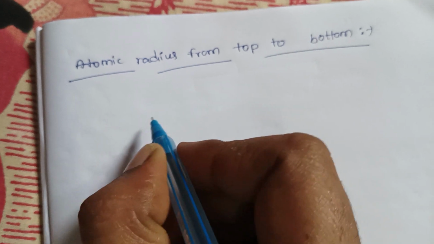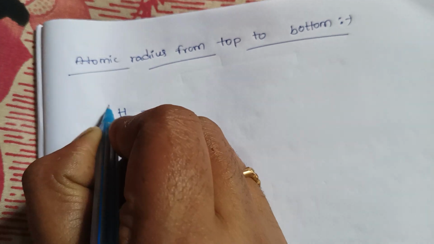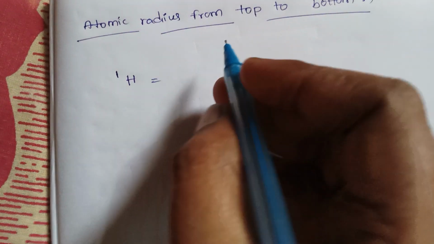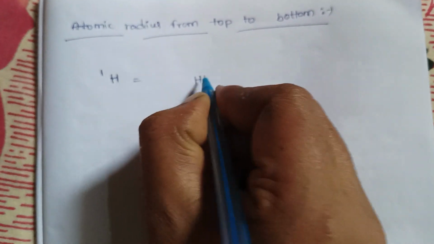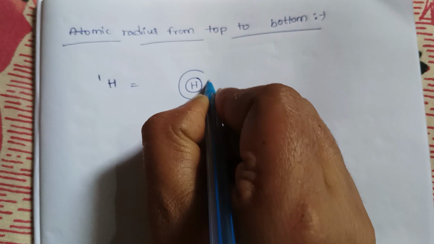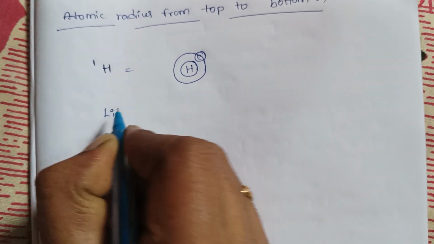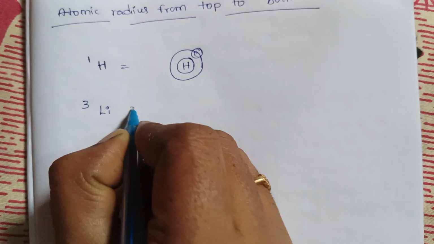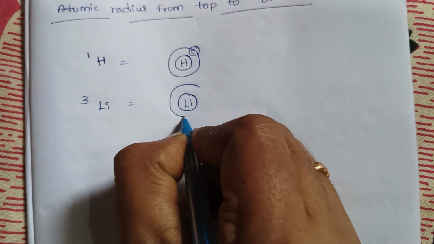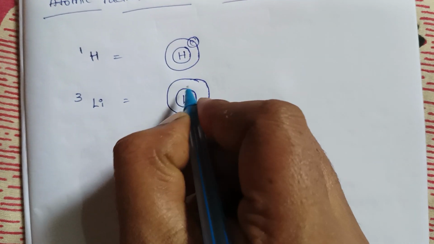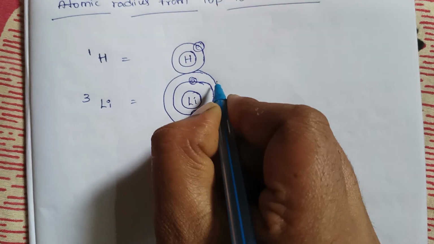Let's take some examples. Hydrogen: atomic number is 1, and the valence electron is 1. If we take lithium, atomic number is 3, with configuration 1s2, 2s1.